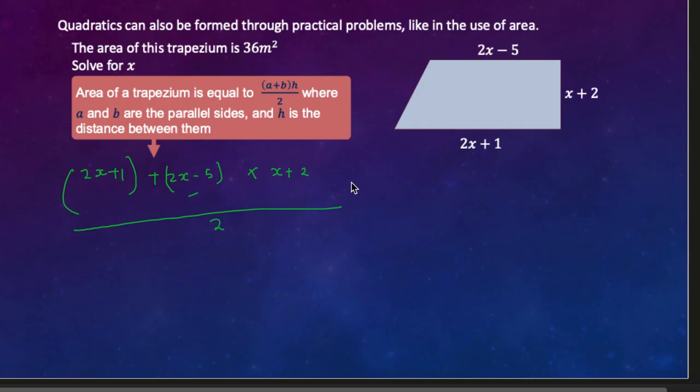All of this gives us the area. All of this gives us 36, just as it is mentioned in the question.